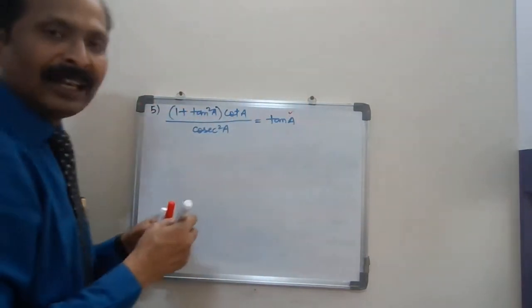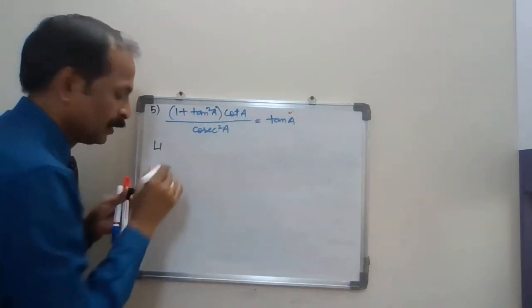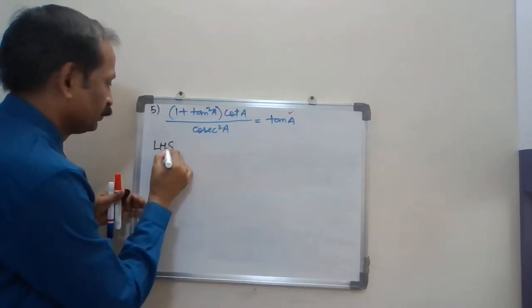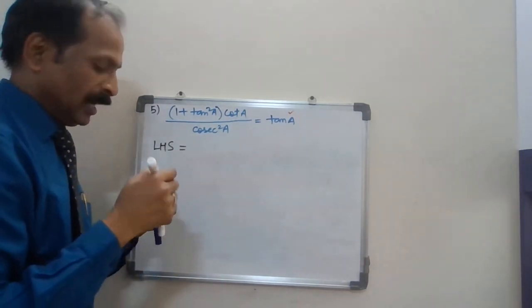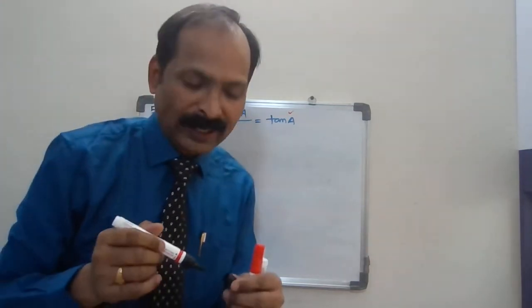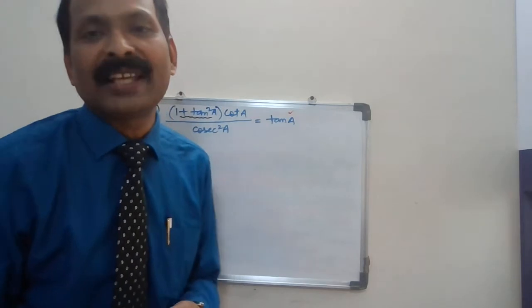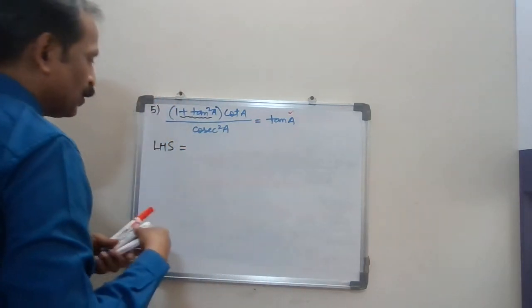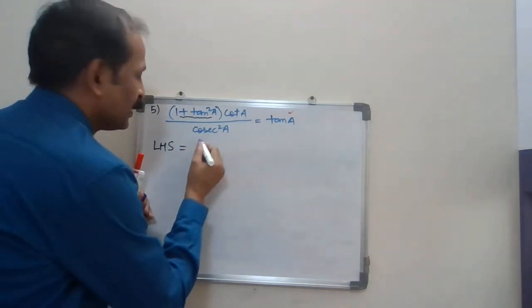So here I am taking the left hand side. As you know, this is your identity: 1 plus tan square theta is your sec square theta, because sec and tan have a relation. So you can write directly sec square.